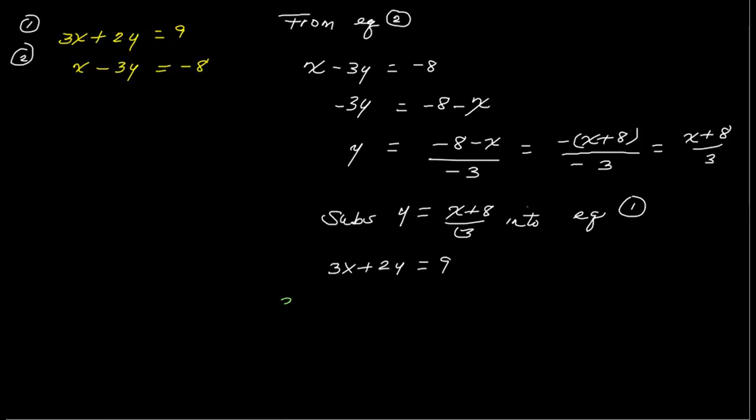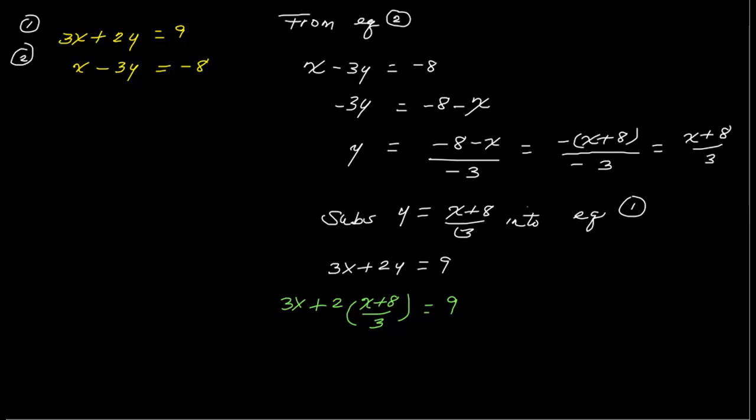So I have 3x plus 2 times x plus 8 divided by 3 is equal to 9. Now, let's not get scared here. This is a fraction. That's all this is. All this is just a fraction. Okay?